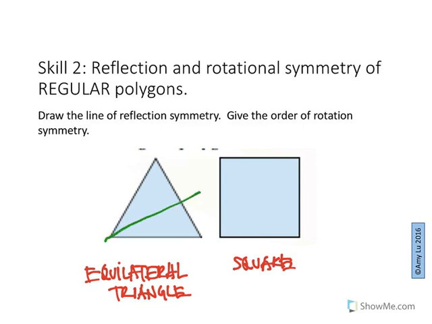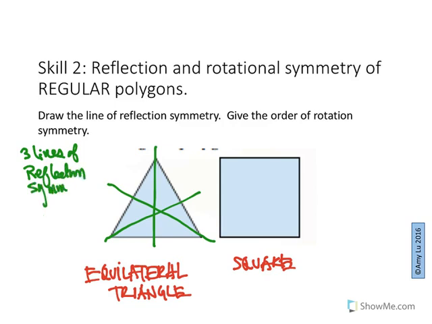So split down the middle here, here, and here. Therefore, it has 3 lines of reflection symmetry. And again, it has an order of 3 for rotation symmetry.